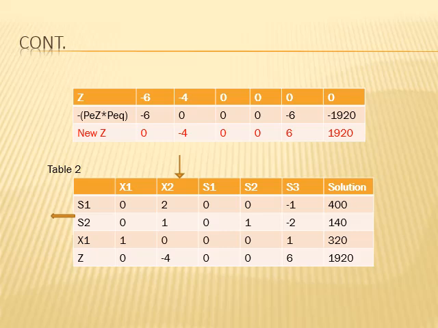The pivot element is 2, the intersection point between the column of x2 and the row of S1. The pivot equation is the result of division of S1 over 2.